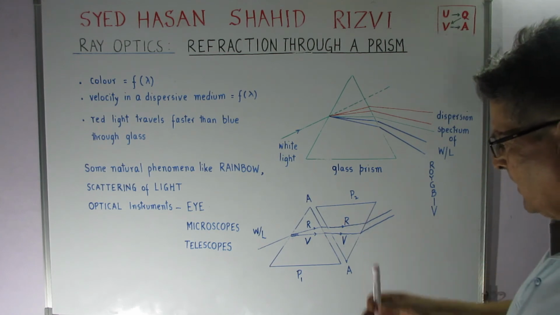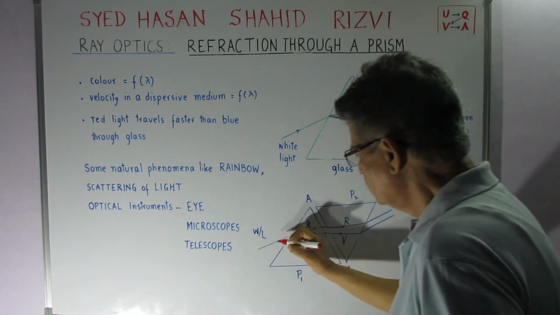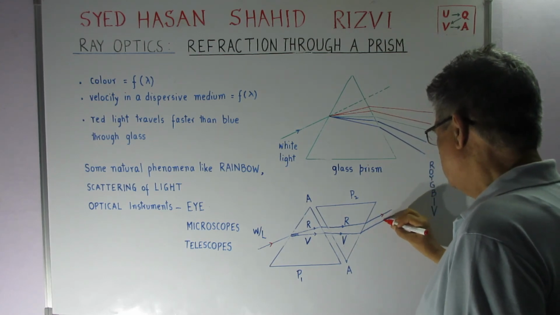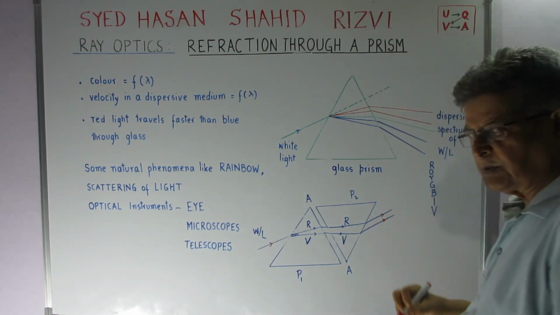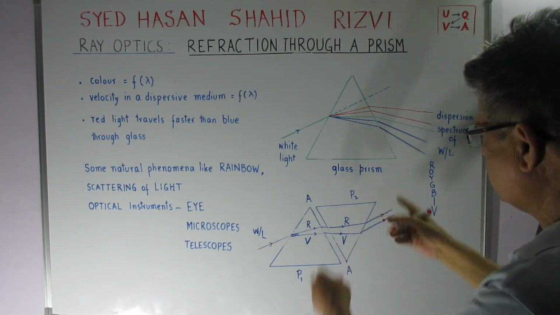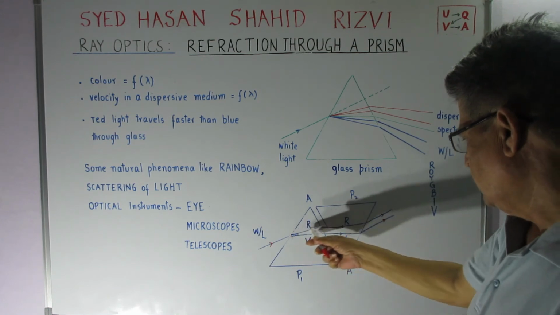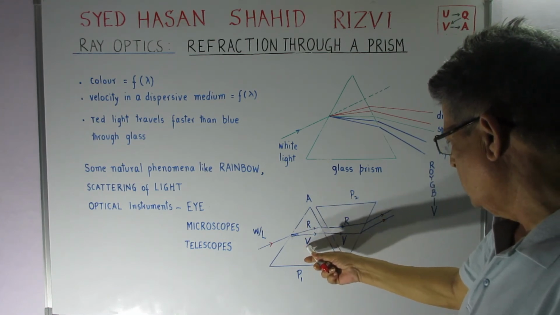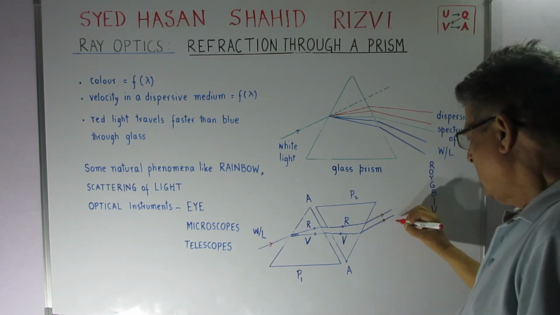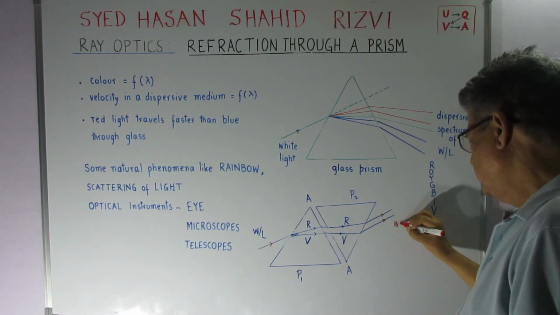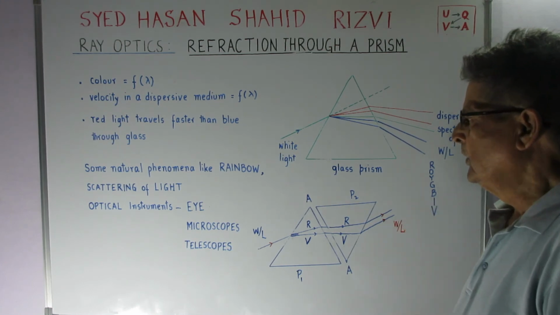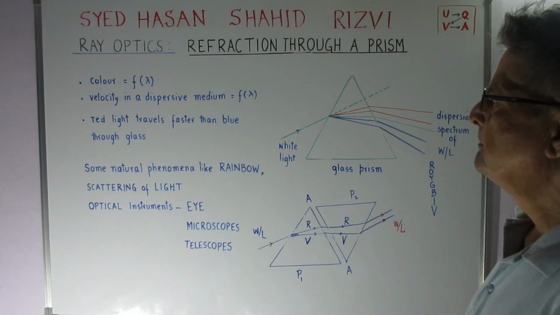I have not been able to show this very properly, but this is the white light and the emerging light is also the white light. You can see the proper diagram in your books. So with these two inverted prisms, it splits into red and violet, and this red and violet together give a beam of white light. This is one phenomenon associated with the dispersion of light.